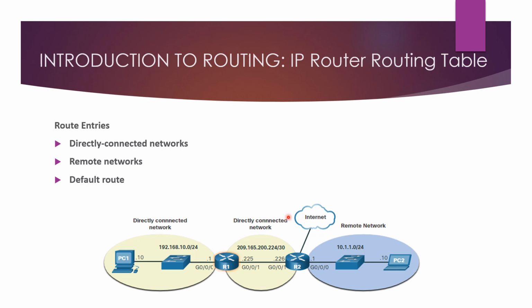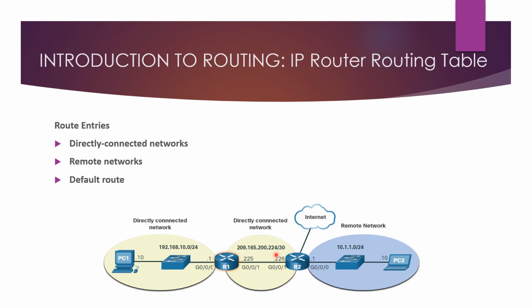We also have the default route, which is like a gateway of last resort. Most routers include a default route entry. The default route is used when there is no better match in the IP routing table. In the figure, router 1's IPv4 routing table would most likely include a default route to forward all packets to router 2.